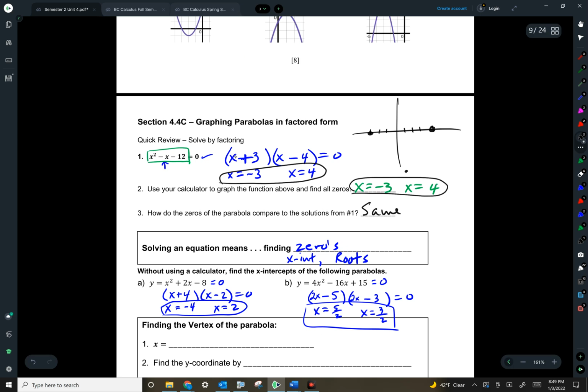Just eyeing it up, doesn't that vertex look like it's halfway between the two zeros? In other words, that ordered pair was 0.5 comma something. Is 1/2 exactly halfway between -3 and +4? It is. 1/2 would be right in here. That's exactly halfway between those two x-intercepts.